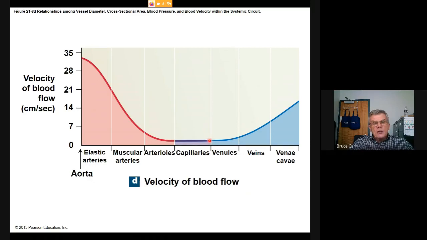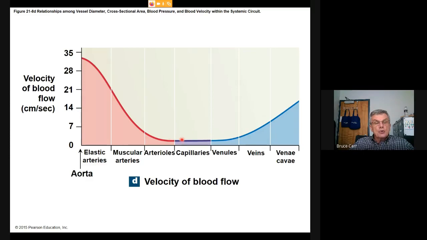But as you get into the venules, now you're converging. The pressure is continuing to go down, but the diameter is increasing, lowering the resistance. And therefore, the larger veins cause the blood to actually accelerate away from the capillary beds and achieve a pretty reasonable flow rate, back up here to 14.